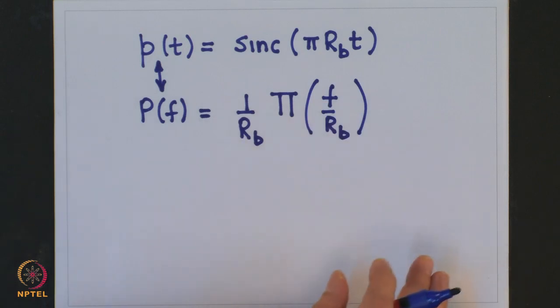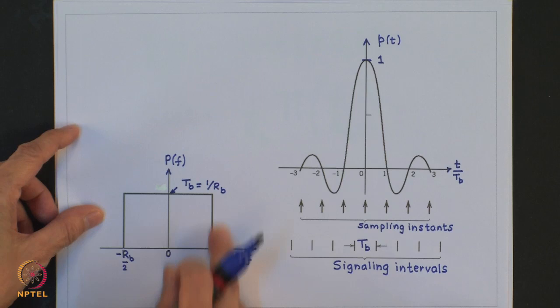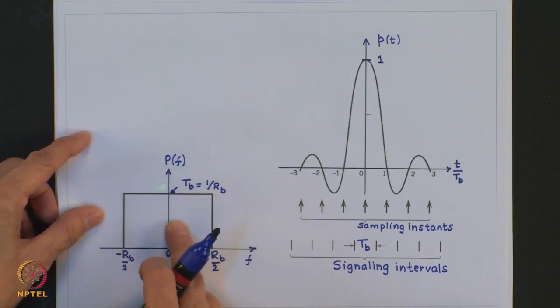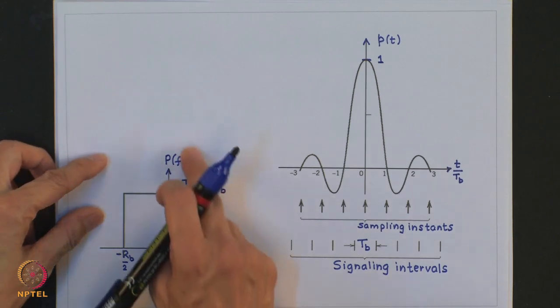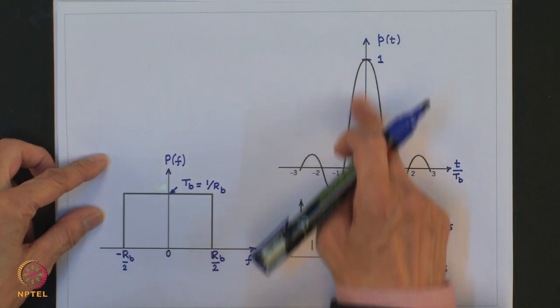The function P(f) is shown here in this figure. It is a rectangle function, and the time domain signal corresponding to this P(f) is a sinc function.